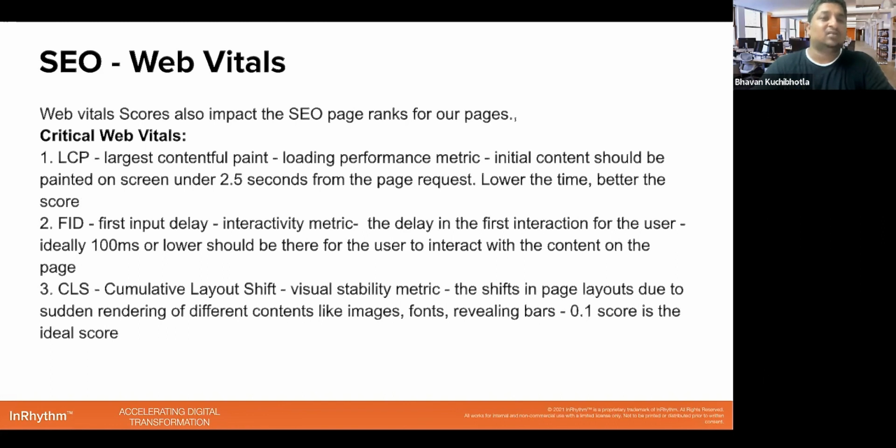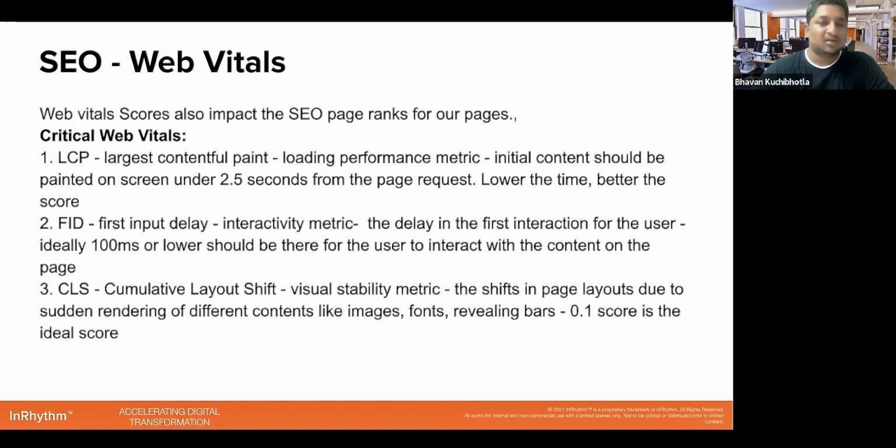And again, as we spoke earlier, we have these web vitals. These web vitals can impact how your page is ranked. These are the three major critical web vitals that Google generally considers. Some of you might know this, some of you might not, but let's go through each of them. The first one is the largest contentful paint, LCP.